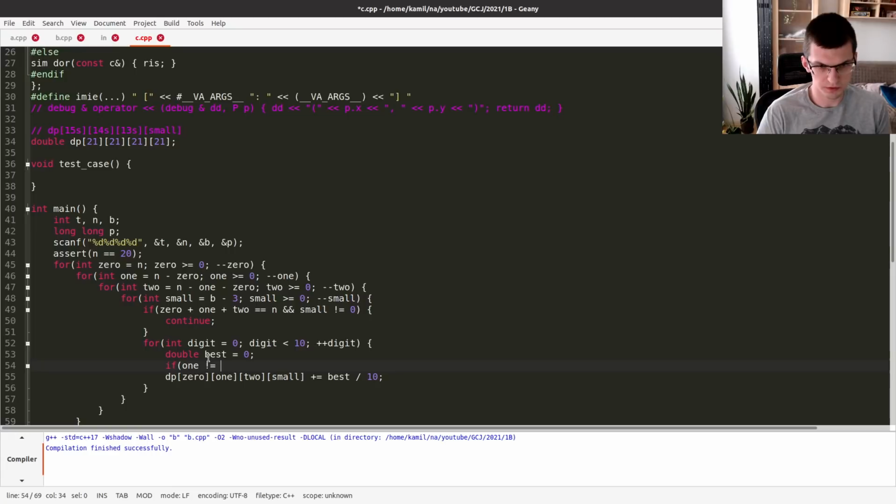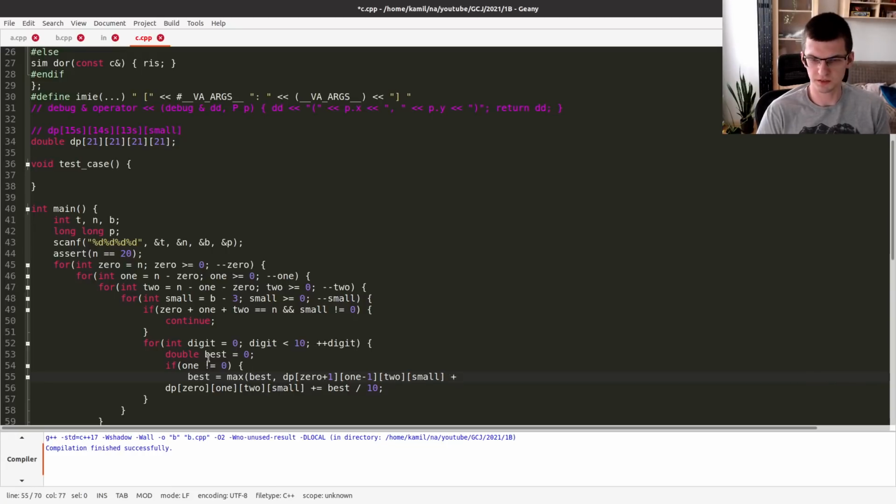If 1 is not 0, then we can change 1 into 0 plus we get this digit.